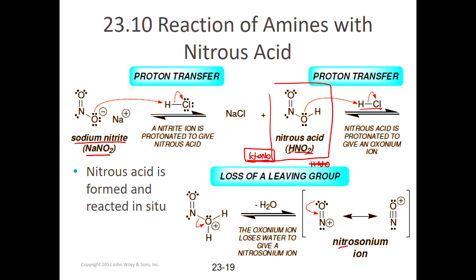And then I get this nitrosonium ion, which don't worry about the naming of that specifically, but this ion is a great electrophile. Right? So obviously this is the major resonance contributor because both elements have complete noble gas configurations, but this minor one also exists.